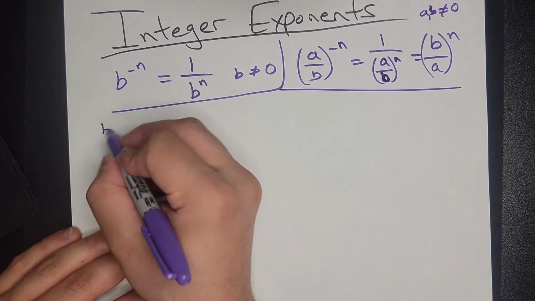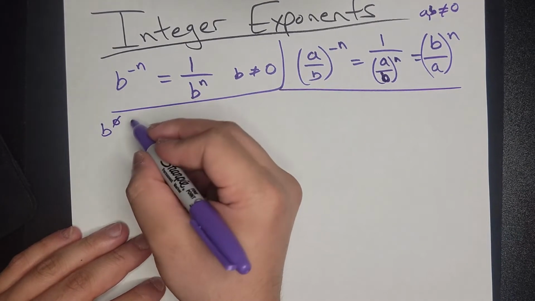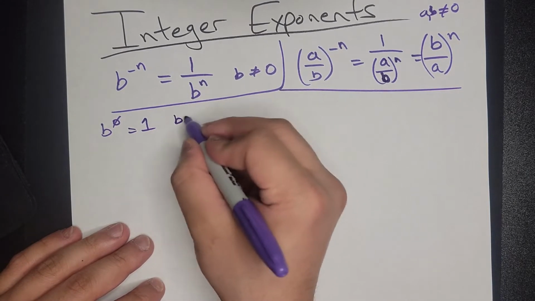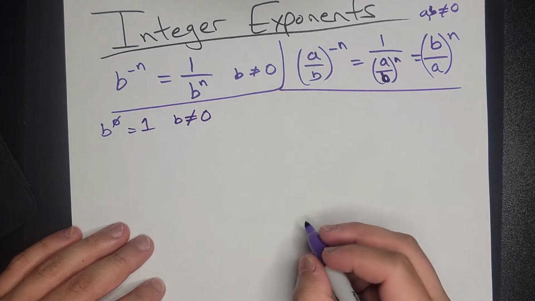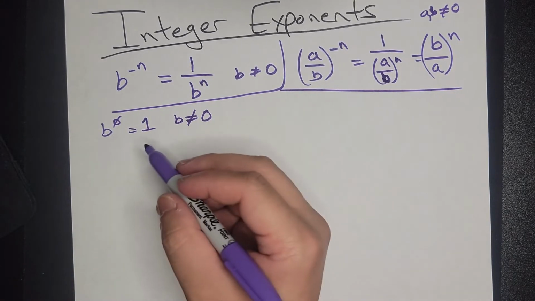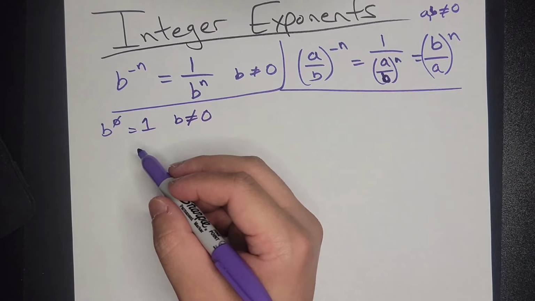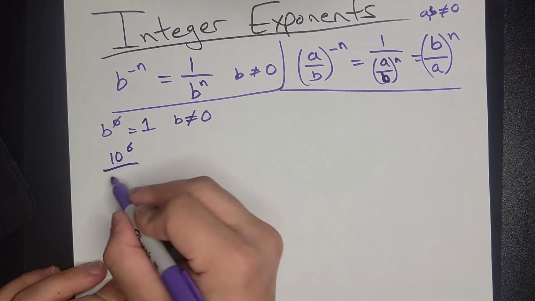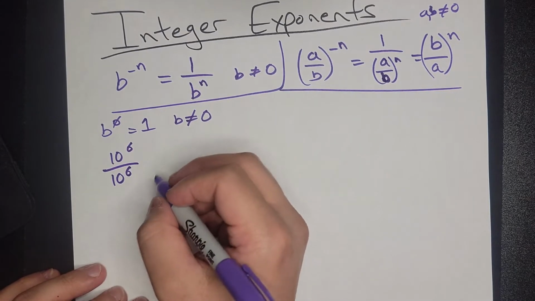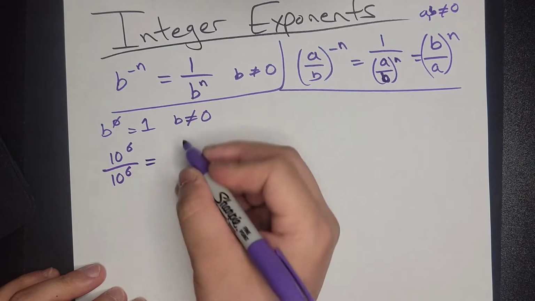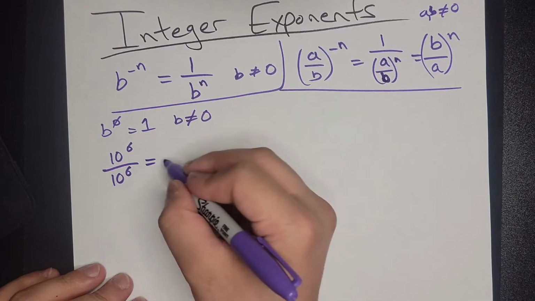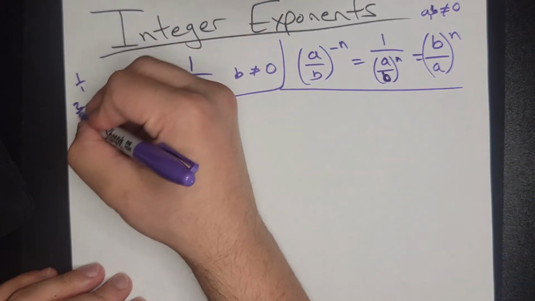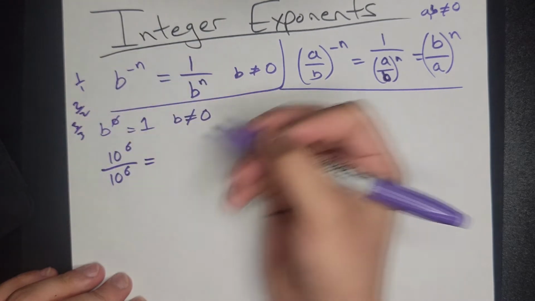Also, keep this in mind: anything to the power of 0 is automatically 1, and b cannot equal 0. And we can actually prove that really quickly. Say we have 10 to the power of 6 divided by 10 to the power of 6. Anything over itself, like 1 over 1 is 1, 2 over 2 is 1, 3 over 3 is 1.